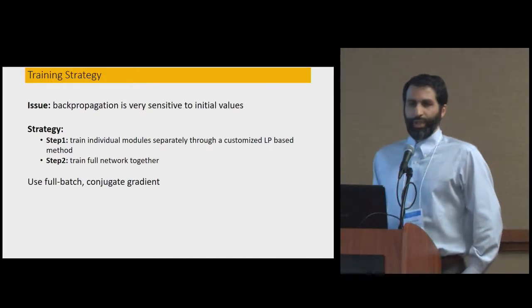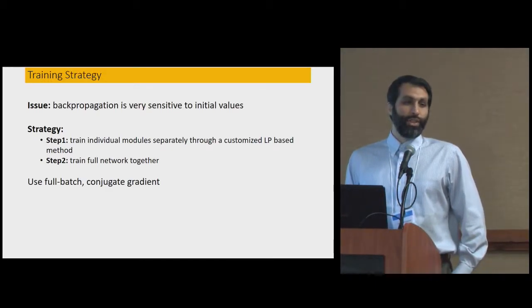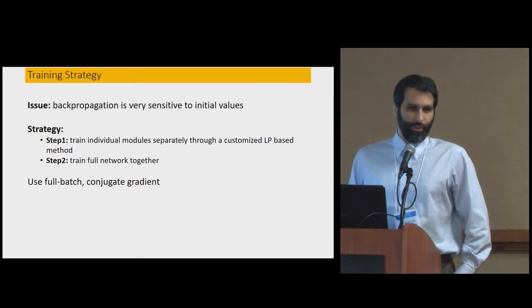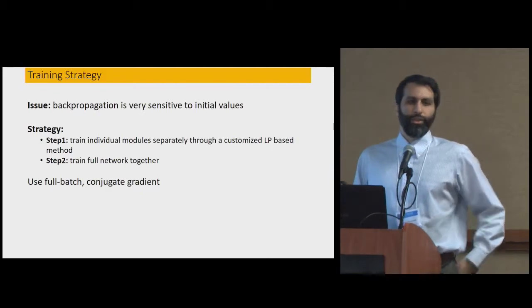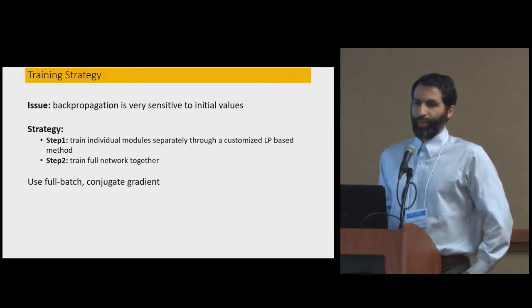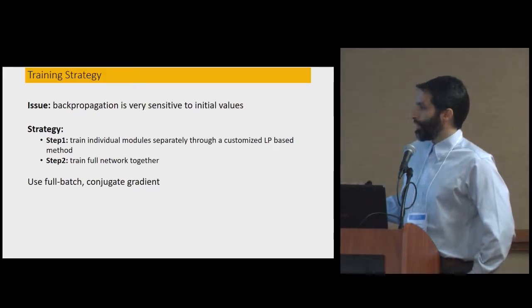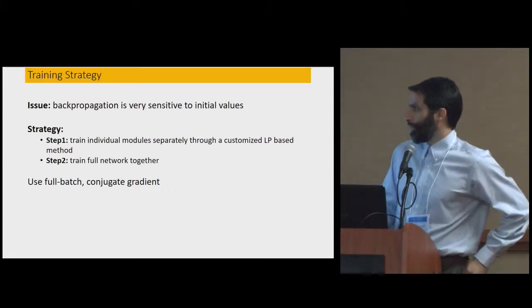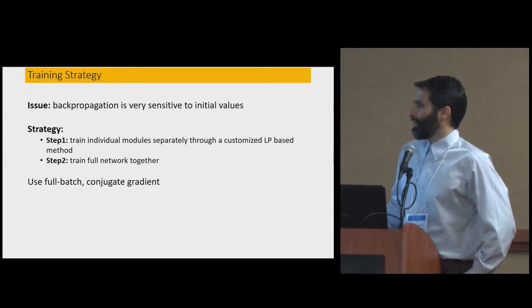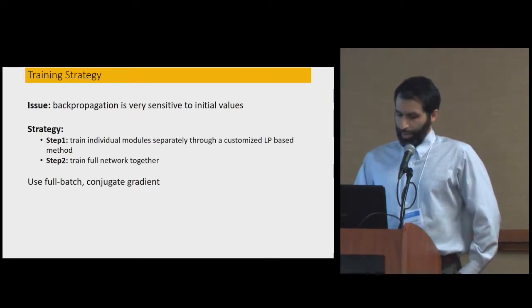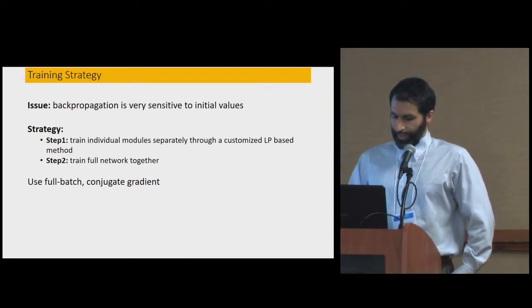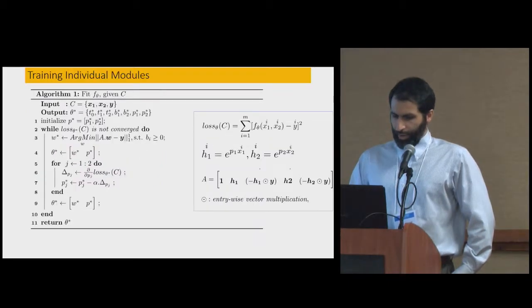And then once you train each individual module, you have good initial values for the parameters of that module. And then you can train the full network together to make sure you adjust your weights appropriately as a full network. And specifically, we use full batch and conjugate gradient for the final training.